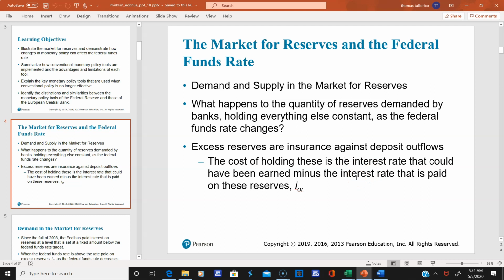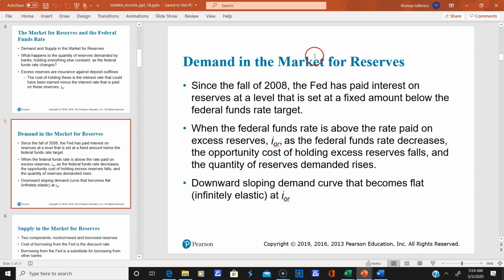So basically they keep money in the reserves, and the Federal Reserve pays a minimal interest on them for the banks. All right, so since 2008, the Fed has paid interest on reserves at a level that is set at a fixed amount, right? And that's below the Fed funds rate target.